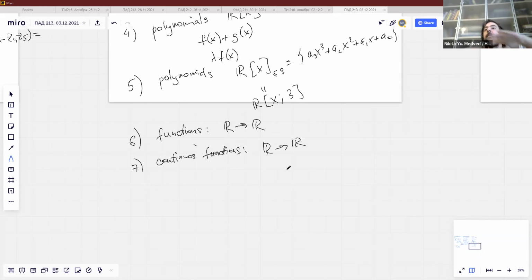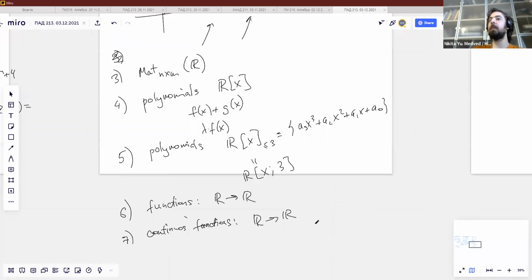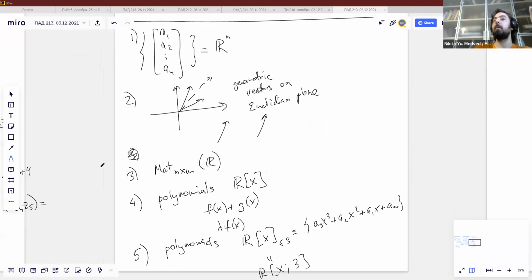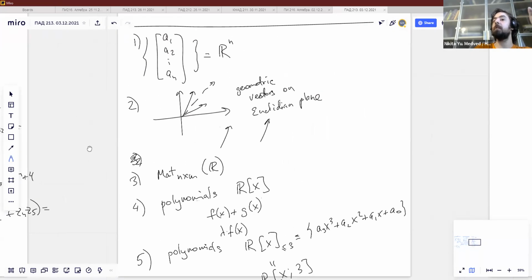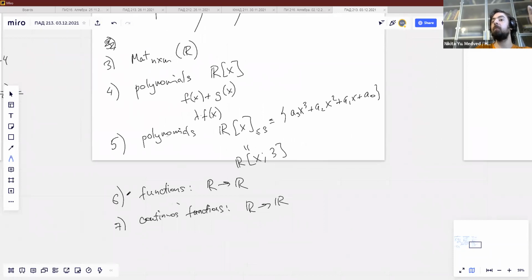Okay, this is some set of examples. So the idea is that there are many different things that work the same way. They satisfy the same set of rules. So if we prove some theorems that say for any vector space something, something, something, then such theorems can be used for geometric vectors, for polynomials, for matrices, for functions separately.